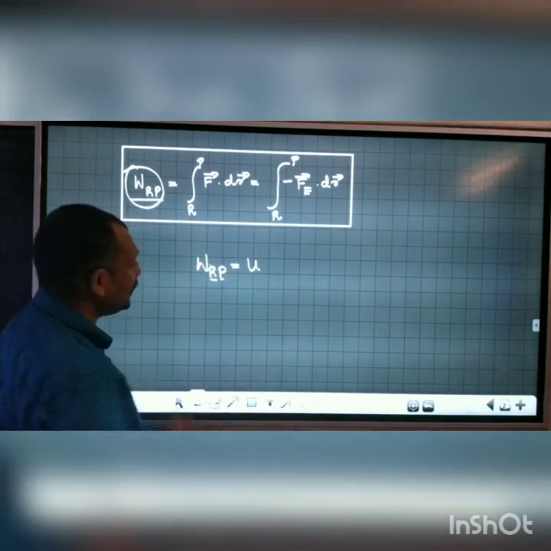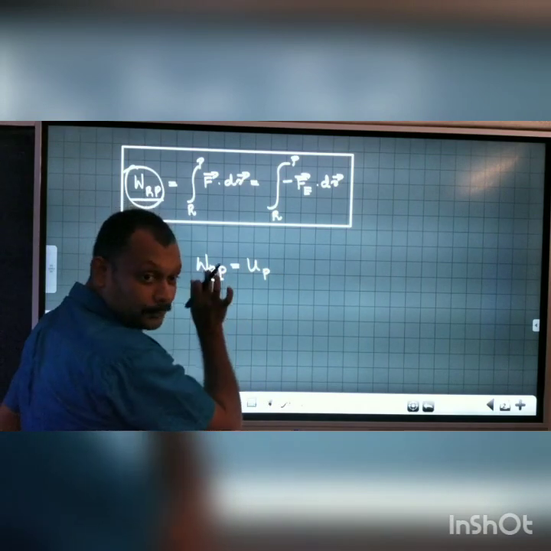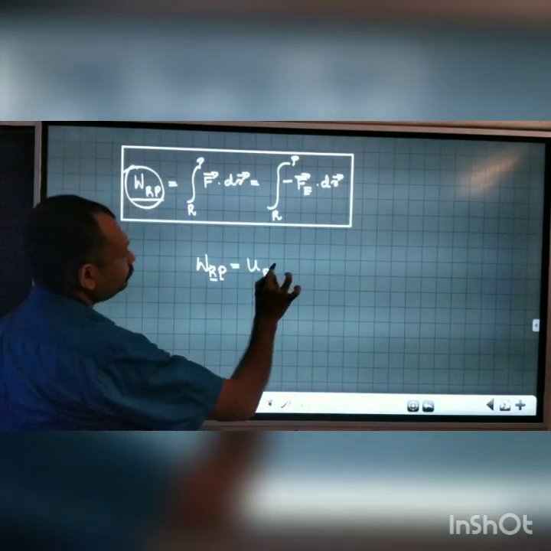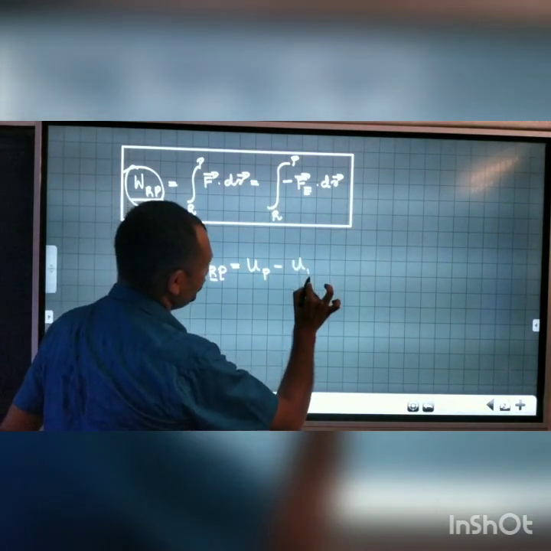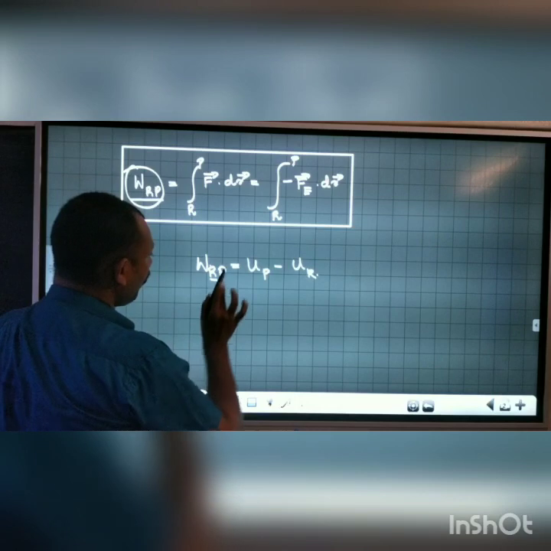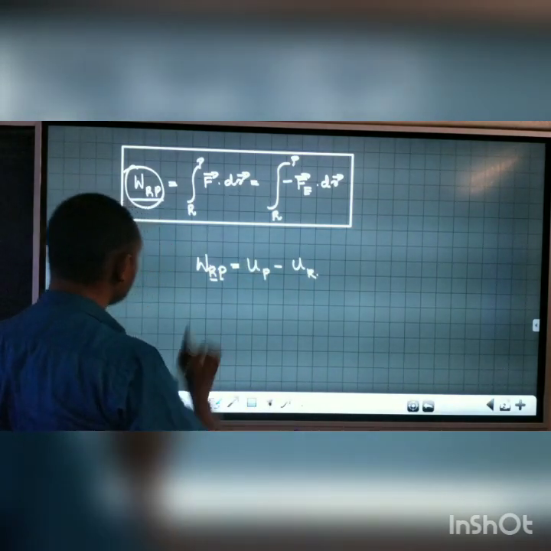So the potential energy at the final position U_P minus the potential energy at the initial position U_R. So W_RP is equal to U_P minus U_R.